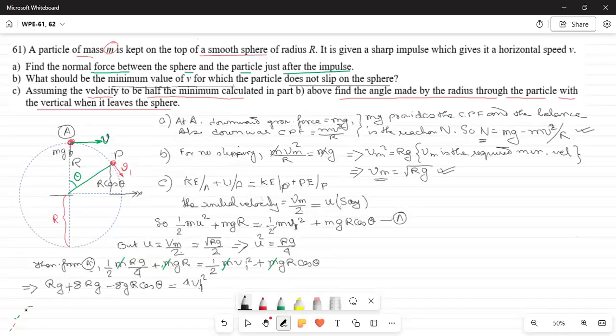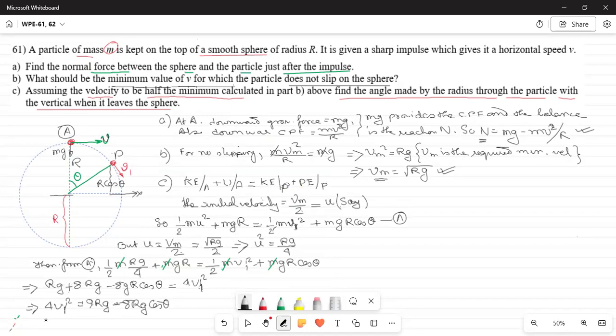From here we get 4 v1 square is equal to Rg plus 8Rg, 9Rg, minus 8Rg cos theta.